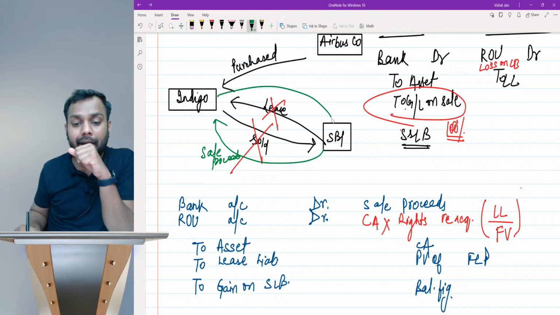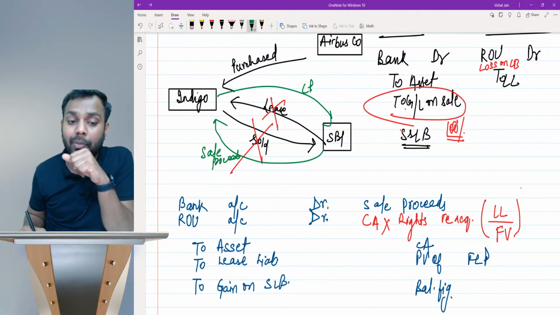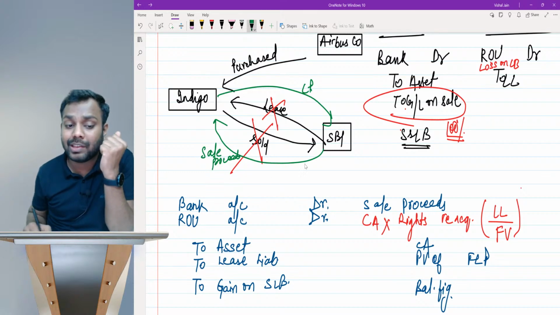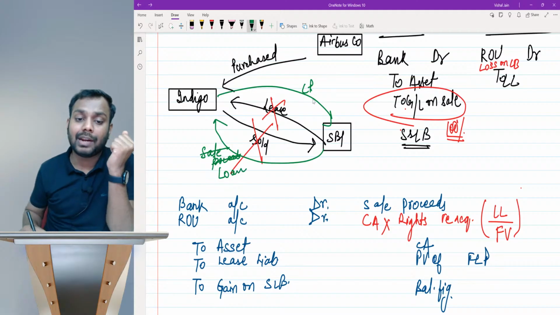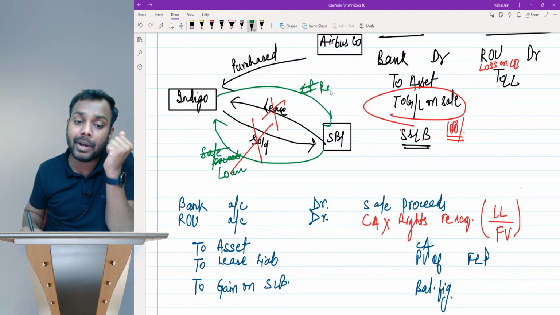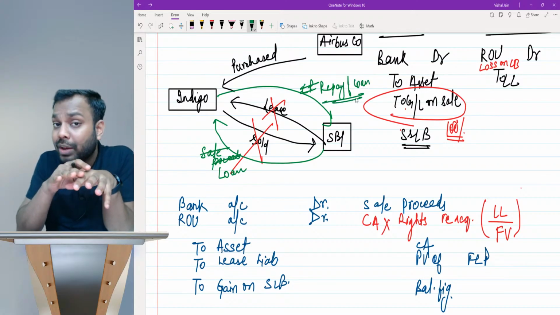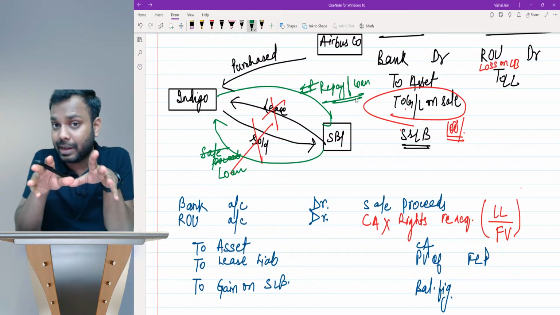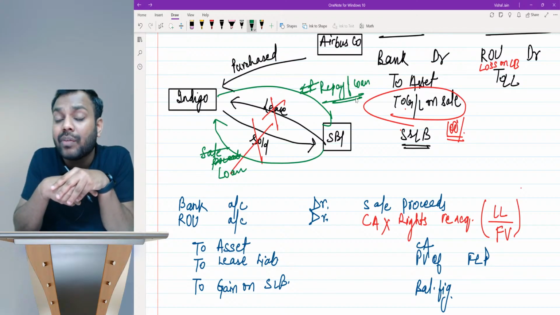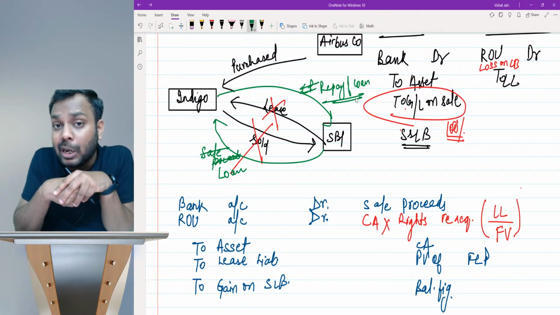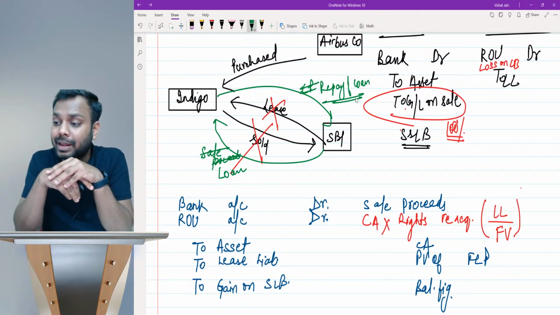But if there is not a sale transaction, it will not be a lease transaction. So then what does it become? This will not be sale proceeds, rather it will be a loan, and this will not be a lease payment, that is repayment of loan. Meaning thereby, if a sale and leaseback transaction does not qualify to be a sale transaction, the whole arrangement will become just a financing arrangement, just a loan arrangement. Is that clear to all?